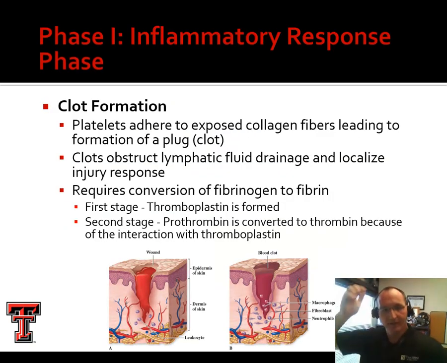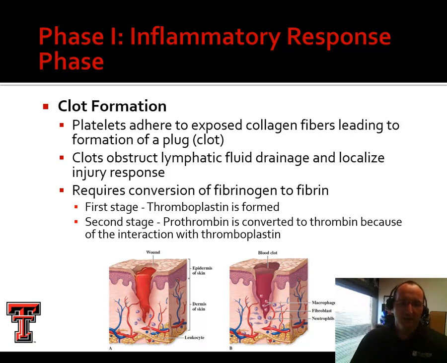Okay, so clot formation is actually a pretty remarkable process, and if you know anyone who's had a bleeding disorder where they were unable to clot, then you know just how important this can be. The platelets within the blood will adhere to the exposed collagen fibers and form this initial clot.